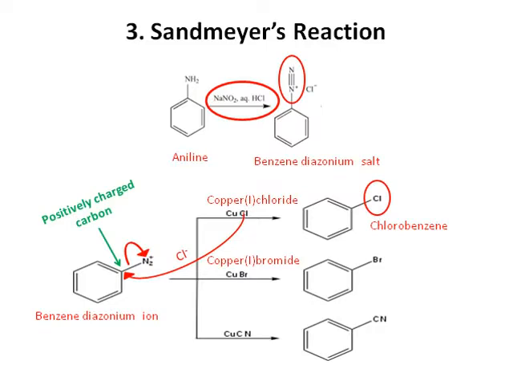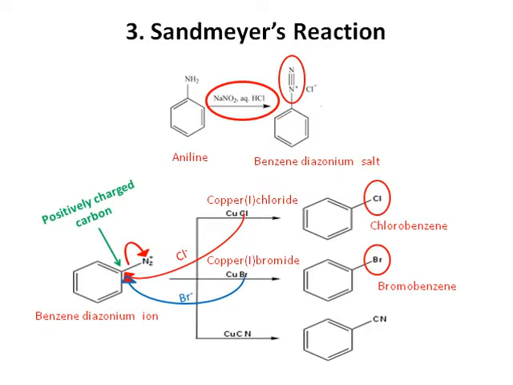Again we have put another reagent, that is the cuprous bromide, copper 1 bromide. It will provide bromide nucleophile. Why is it a nucleophile? Because it carries the negative charge. You see, this is bromide ion. So this bromide ion will attack the positively charged carbon atom, and the electron pair will be shifted to the diazonium ion, bromine is bonded to the carbon atom of the benzene ring like this, and we get the bromobenzene.